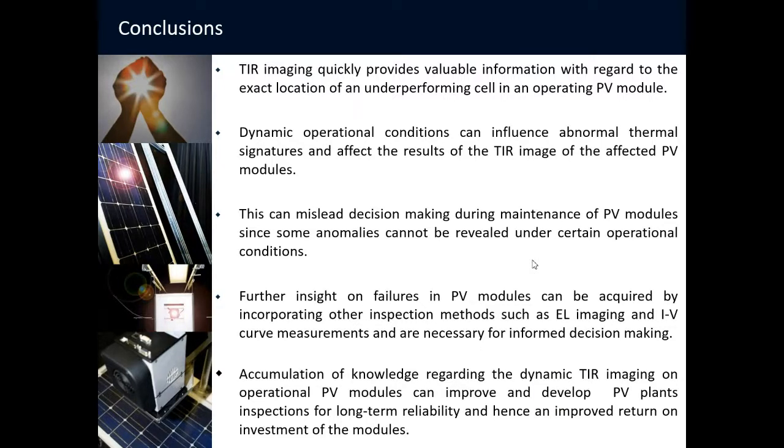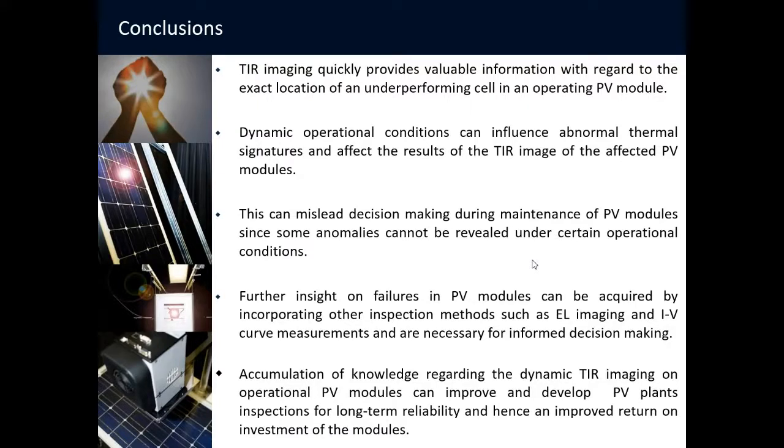And dynamic operational conditions can influence abnormal thermal signatures and affect the results of the TIR image of the affected PV modules. This can mislead decision making during maintenance of PV modules, since some anomalies cannot be reviewed under certain operational conditions.